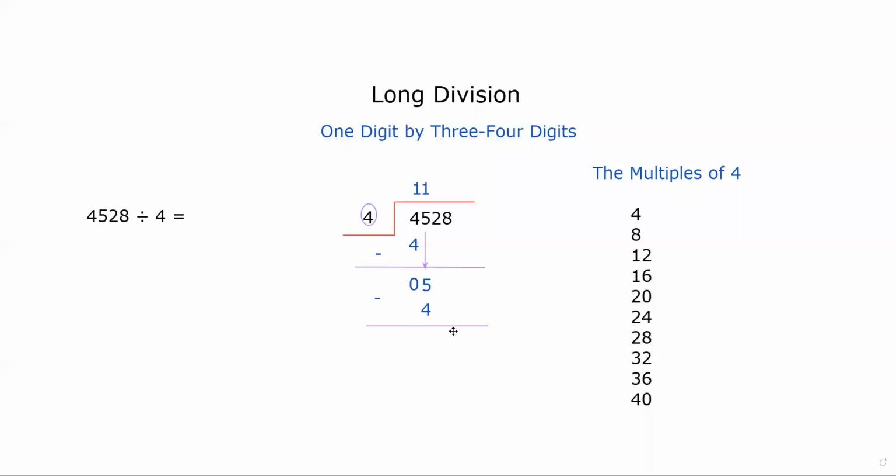And then what's going to happen is that 2 is going to come down. Okay. Now, do we have 12 in table of 4? Yes, we do have. And it's right over here. So it's the third number. So I'm going to write 3. 3 multiplied 4 will be 12.